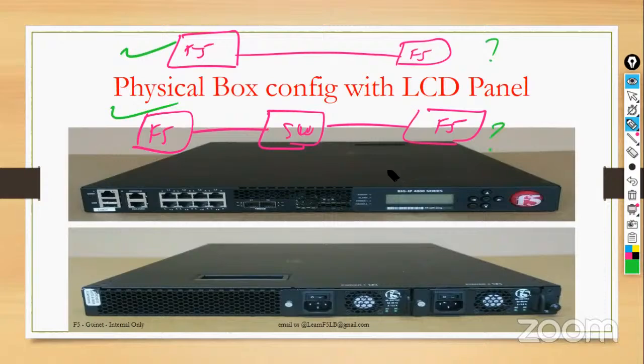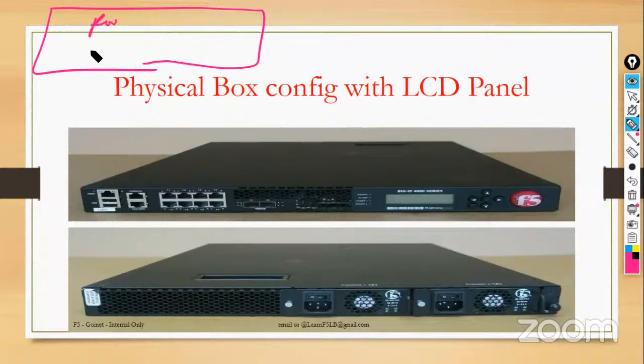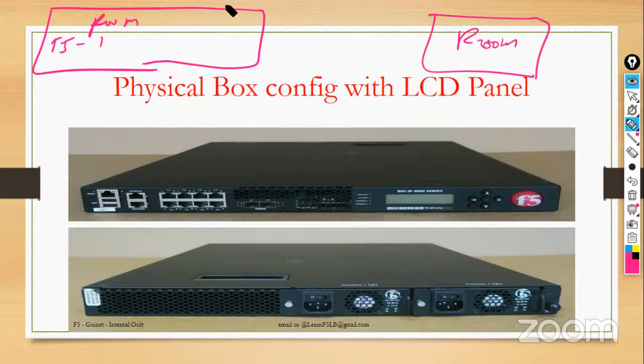The second one is, if it is two different tracks and it's lengthy, so we cannot connect directly. For example, maybe this is room one, so here we have our F5 one. This is room two, or you can also consider floor one, floor two.